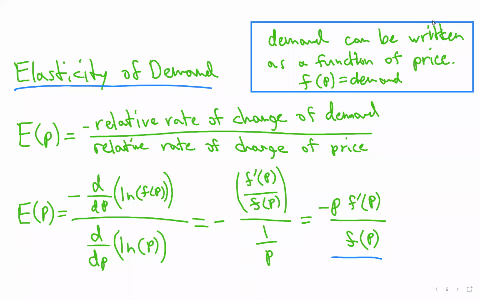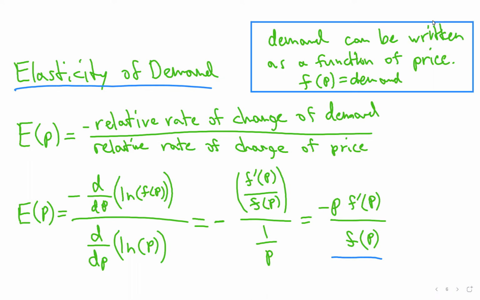If we have that function, then the relative rate of change of demand comes out as negative d/dp of ln of f of p, which is kind of a mouthful. But you have this relation there, which is a composition of functions with a derivative. Since we already know what the derivative of that is, we'll be able to use this relation later on.